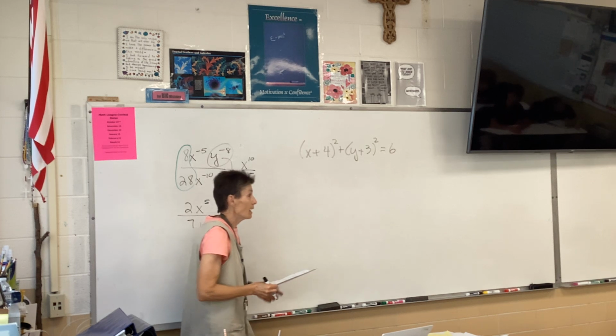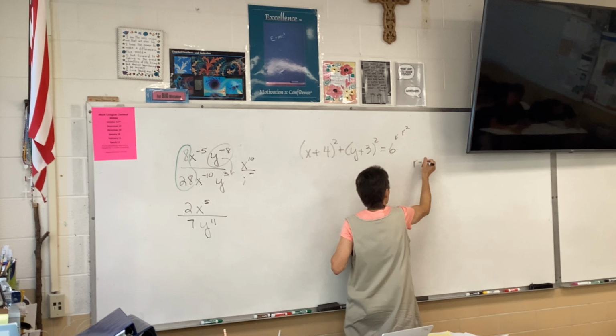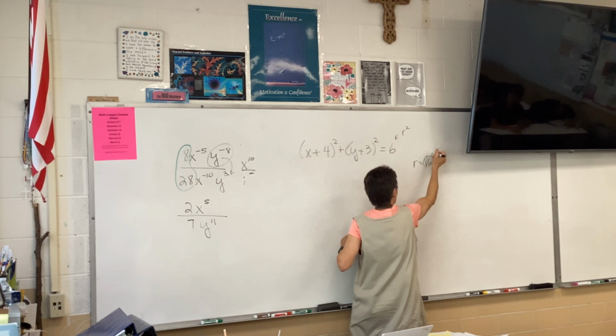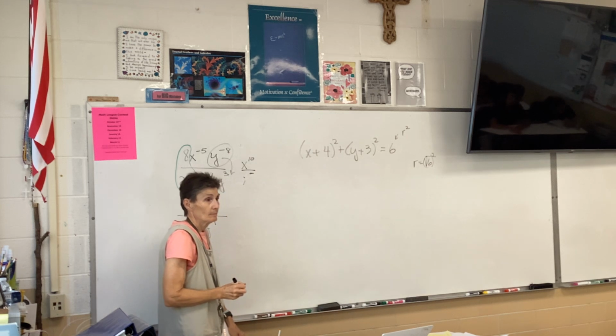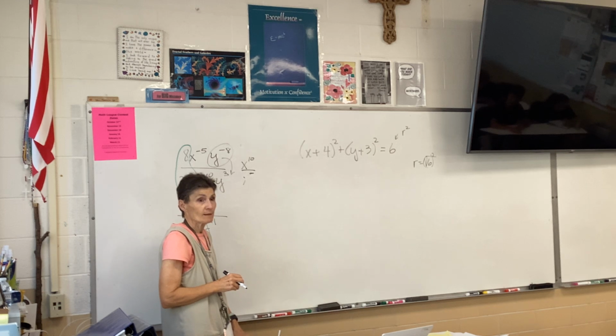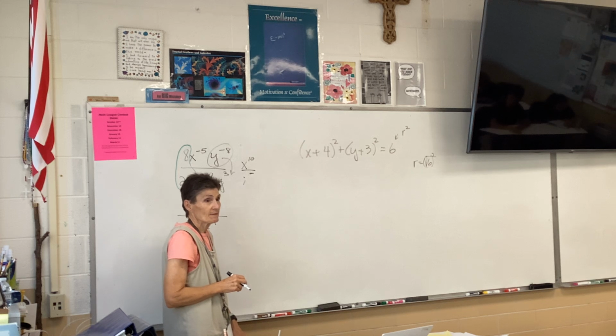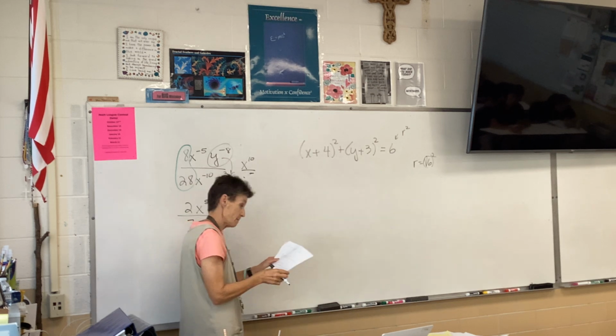Yeah, remember, this is r squared. So if r is root 6, when I square root 6, I just get 6. That look okay to everybody? How long does that problem take? 5 seconds, right? No work, if you know what you're doing. So hopefully now you know, because that's going to be a question.